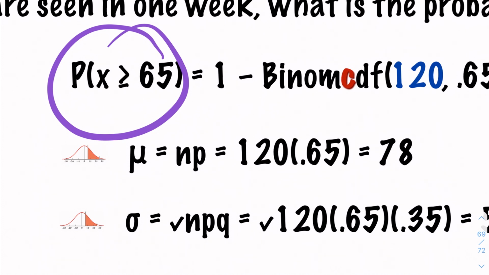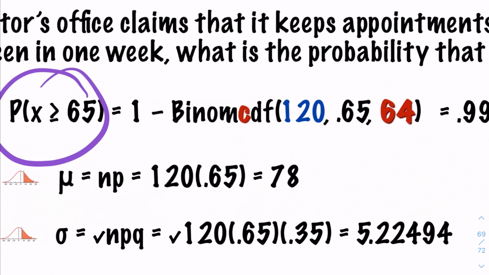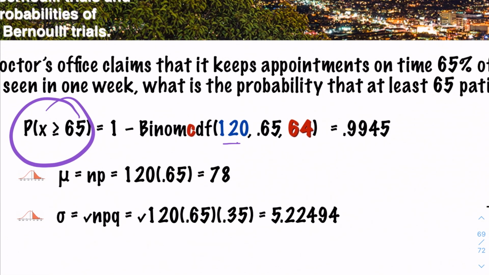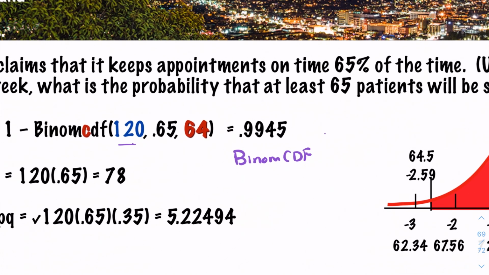So if we are going to use this as a binomial, we would do 1 minus binomial CDF 120, comma 0.65, comma 64. Or we would do binomial CDF 120, 0.65, 65 to 120.